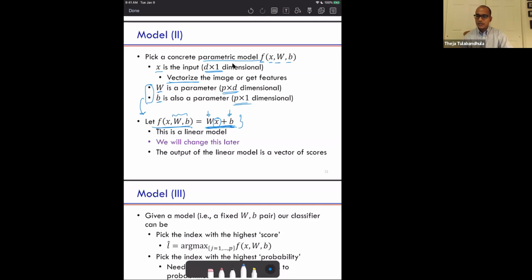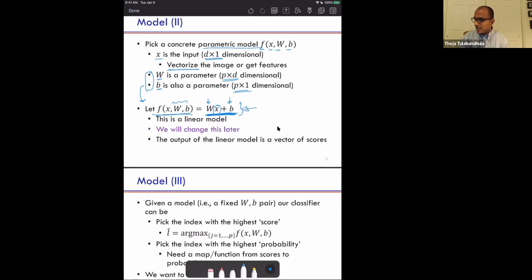So let me get back. Where was I? Okay, so I was just talking about a linear model, Wx plus b. We're going to change the models later, but for now, let's say the model is Wx plus b. Then what is the output of this model? This is a model which is taking an input x, a d-dimensional vector, and has these parameters.